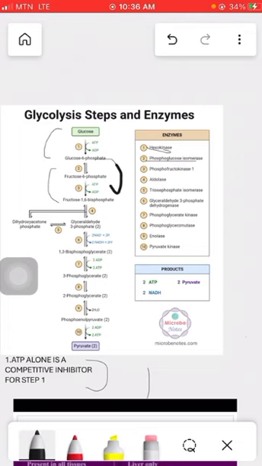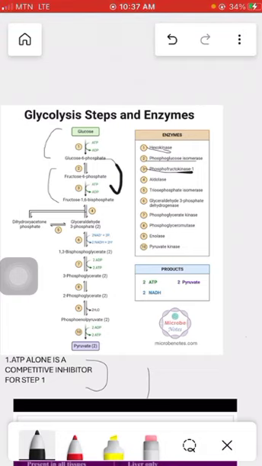And the enzyme that performs that step is called phosphofructokinase 1. Sorry for that. The enzyme is called phosphofructokinase 1. It is the enzyme that is converting the fructose 6-phosphate to what? Fructose 1,6-bisphosphate.